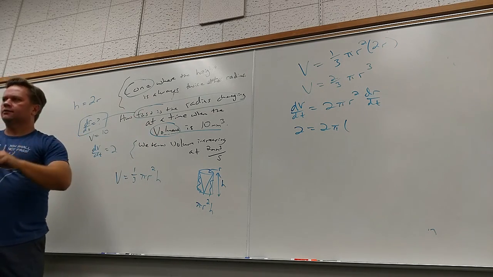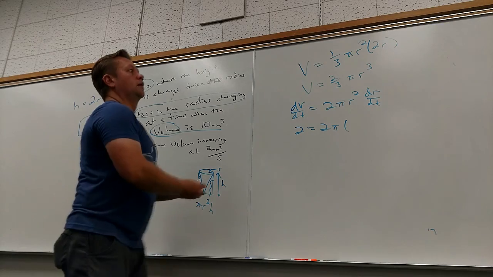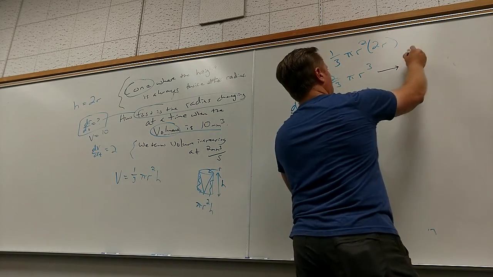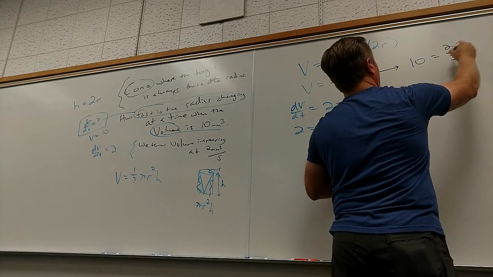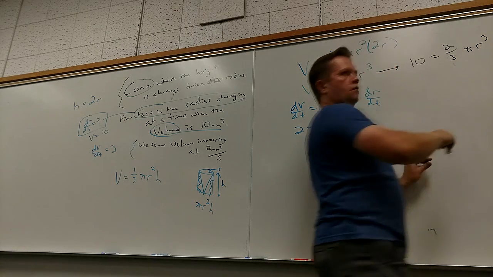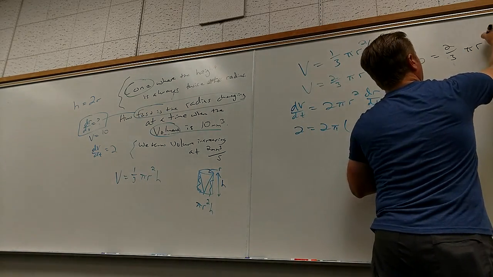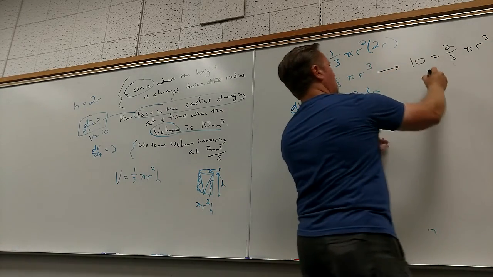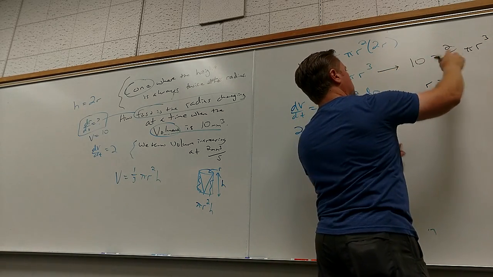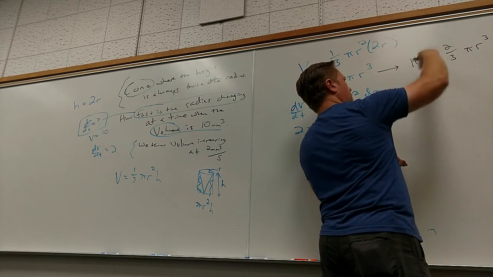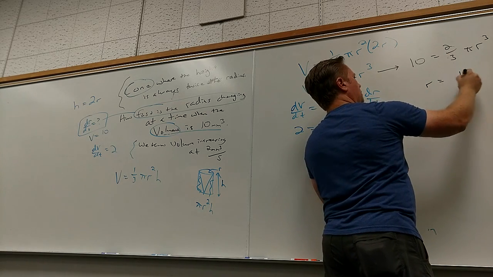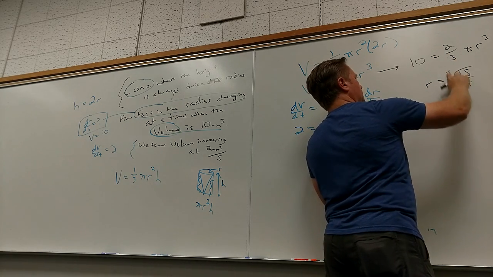So how do I get the radius? It becomes a cube. So then r cubed is 30 divided by 2, so 15. Is that cool? 30 divided by 2, 15 over pi, cube root.